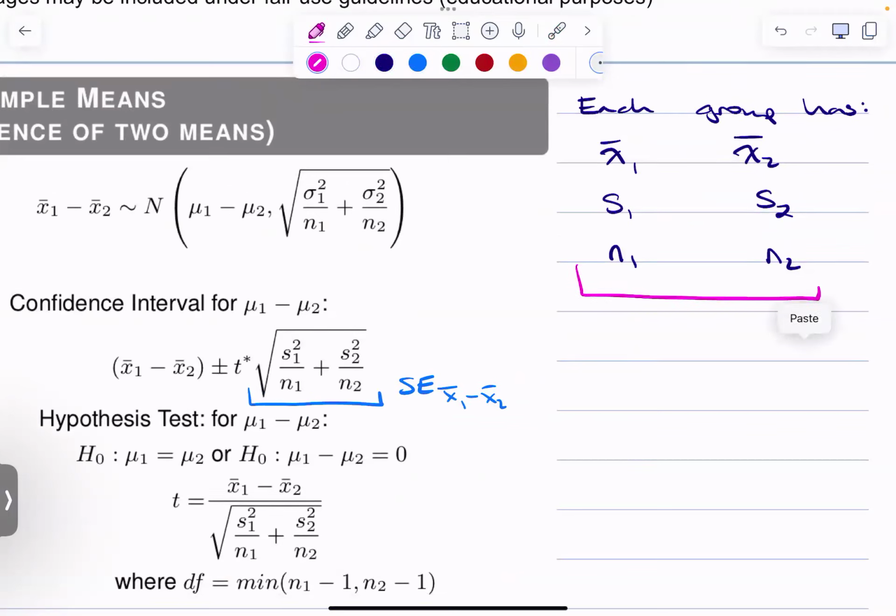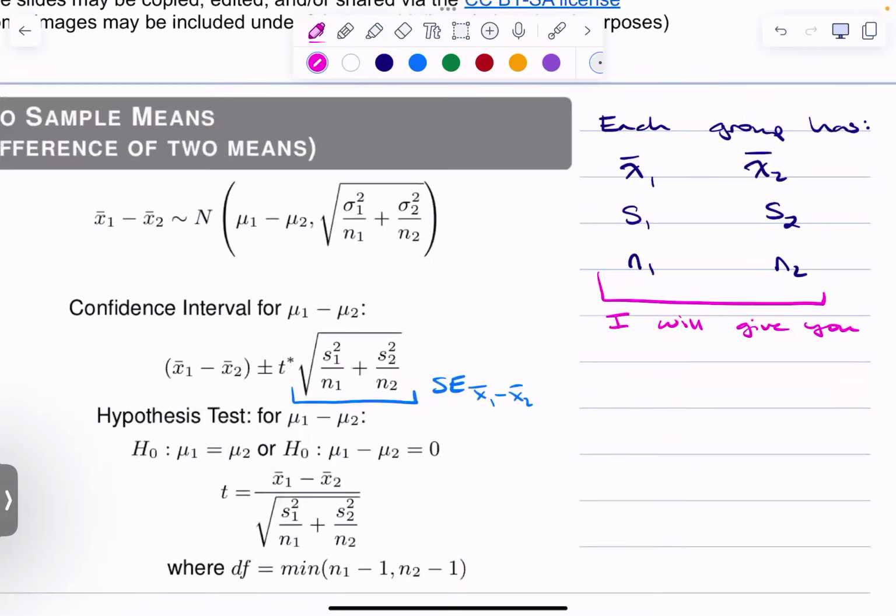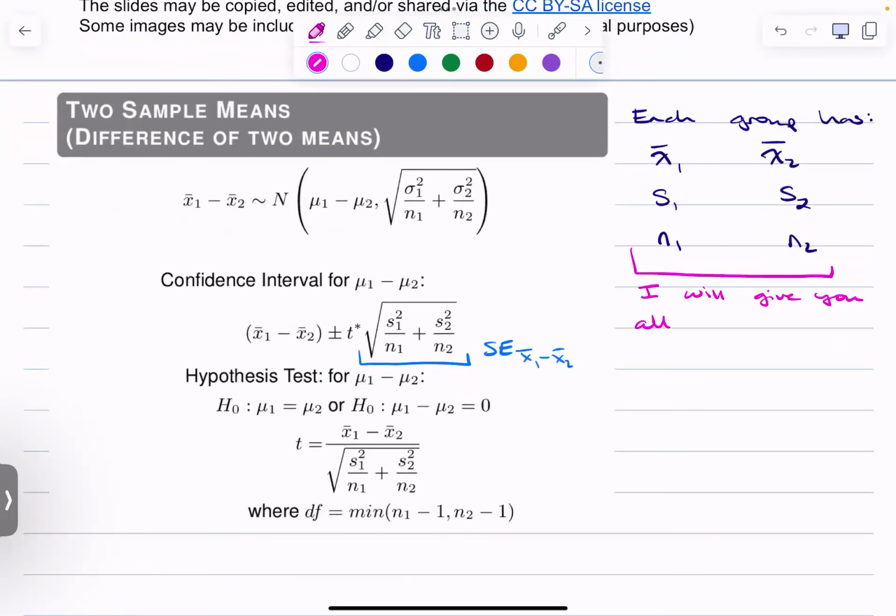Oh, I remember what I wanted to say. I will give you all these values in the question. Otherwise, you won't be able to do it.